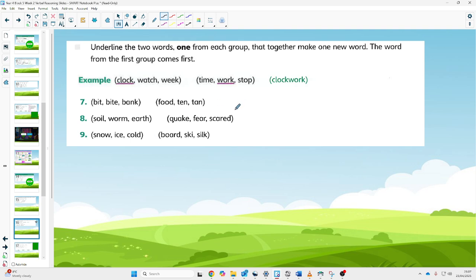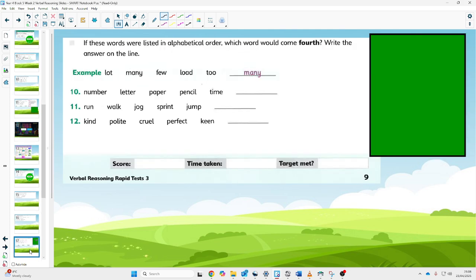Then we've got to look at 2 words from each group that go together to make more compound words, so sort of building on what we've just done. And then finally we're looking at putting these words into alphabetical order and find out which word comes fourth in your list, and then you write it on the line. So again, you may need a little bit of scrap paper or even writing it above the other words to make sure you get those right.